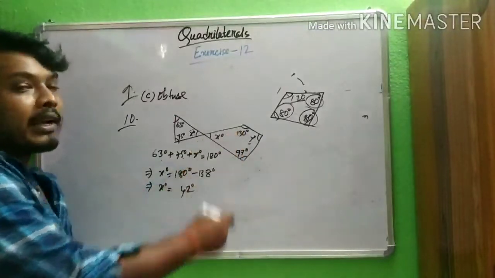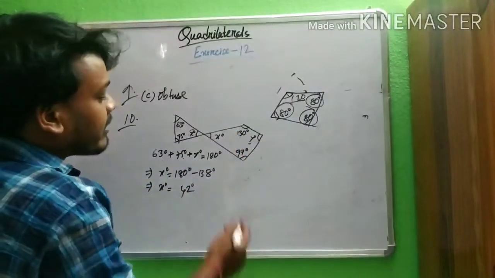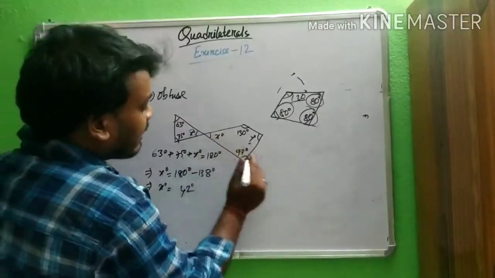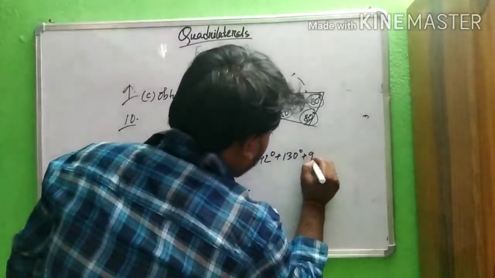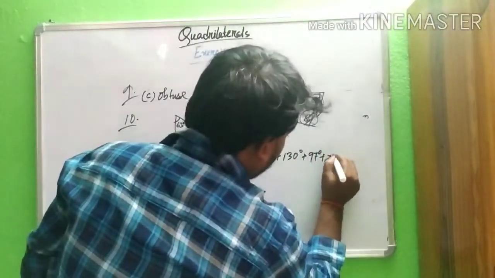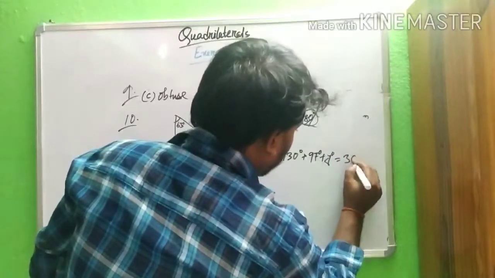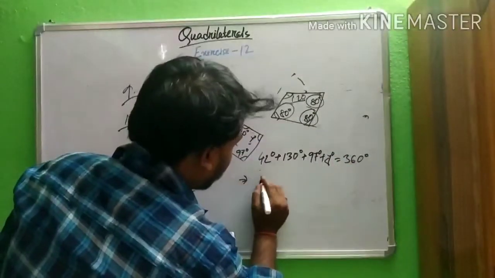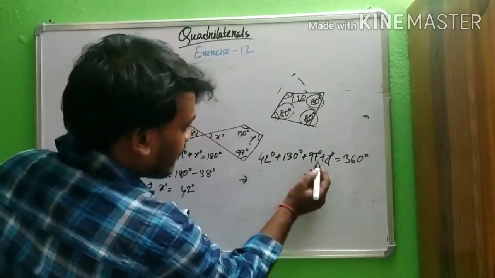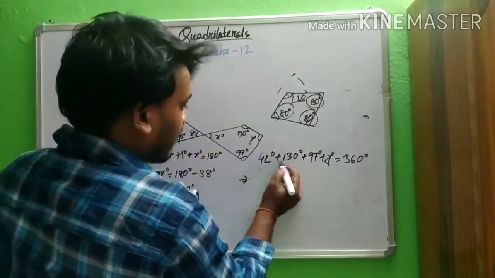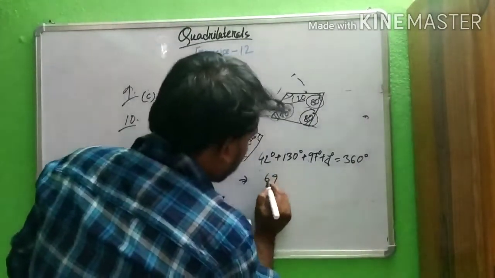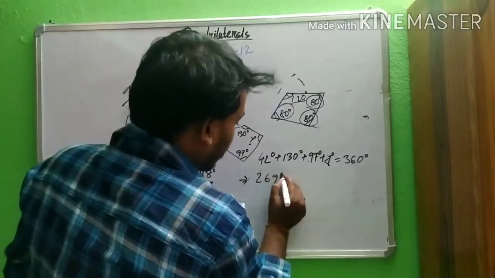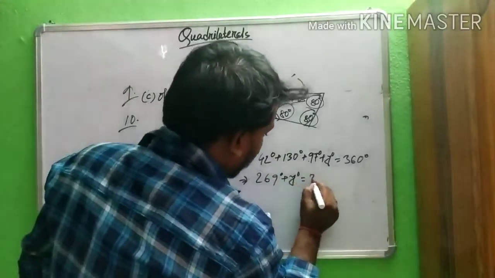So from this quadrilateral, we can say that the sum of the four angles is 360 degrees. So X degree, that means 42 degrees plus 130 degrees plus 97 degrees plus Y degree equals 360. What is the sum? It becomes 269 degrees plus Y degree equals 360 degrees.